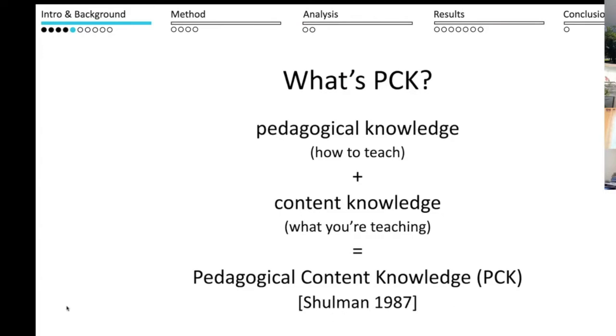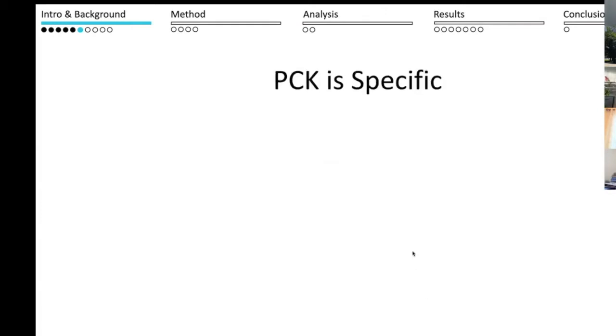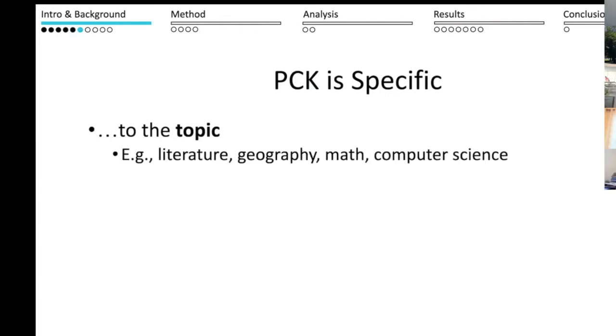And it's a real thing in education literature. And there is a classic paper on it by this person. Here. PCK is specific to the topic or the content you're teaching. So there's PCK for literature, or geography, or math, or computer science, or computer science algorithms courses, or teaching GenderMag or whatever.